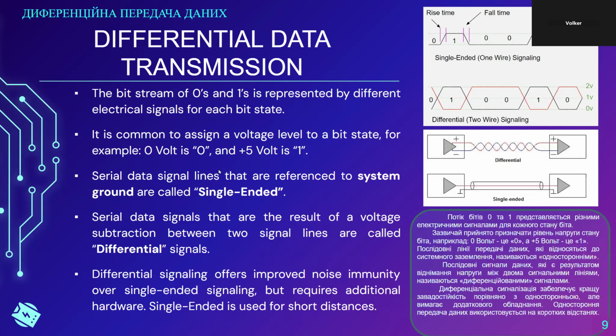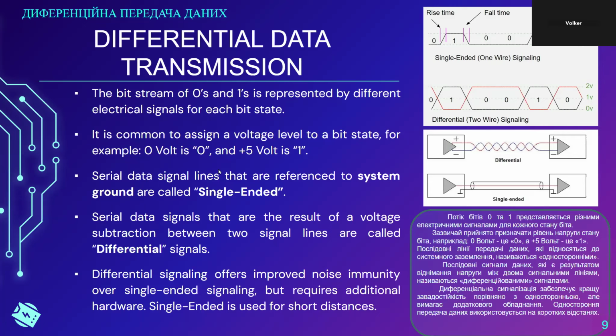If the term system ground sounds somewhat nebulous to you, just imagine you're powering your circuit board, your microcontroller, from a battery. Generally, system ground is simply the negative terminal of the battery, and everything is referenced to that negative terminal. Most signals on the circuit board that are interfacing to the microcontroller are single-ended.